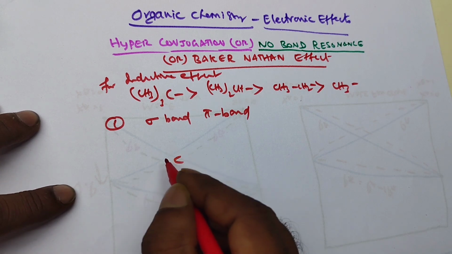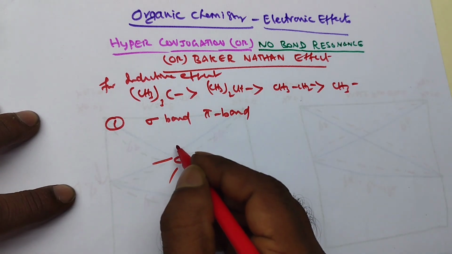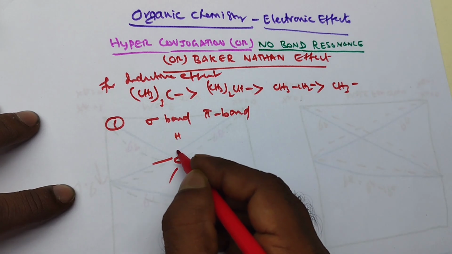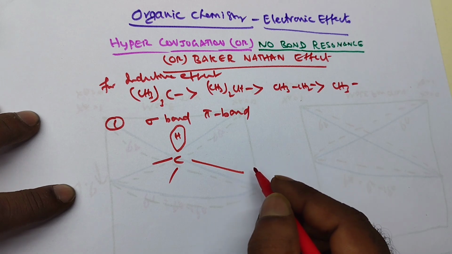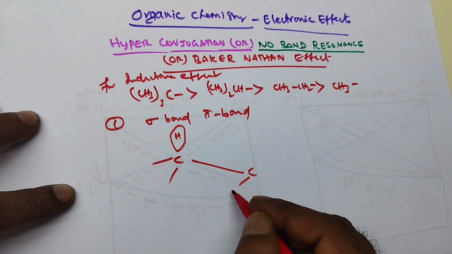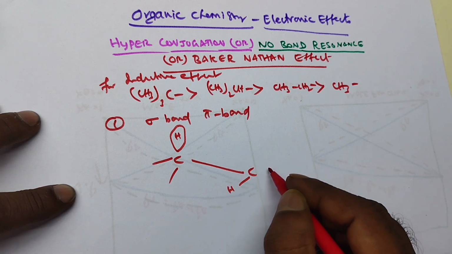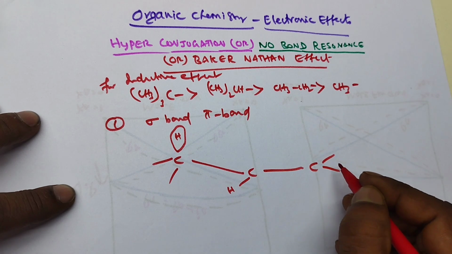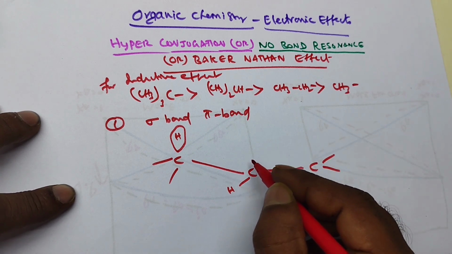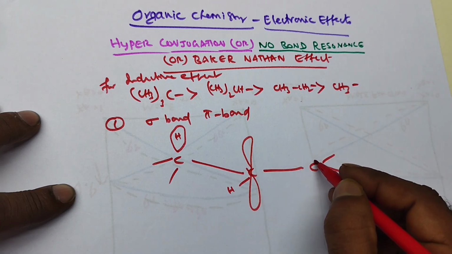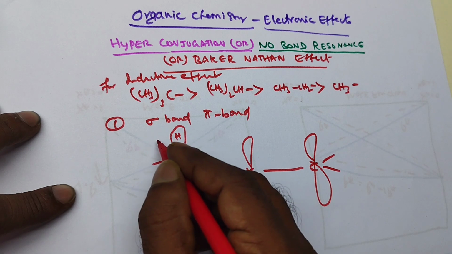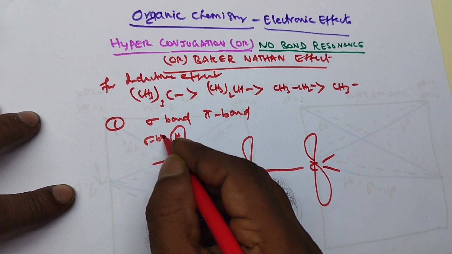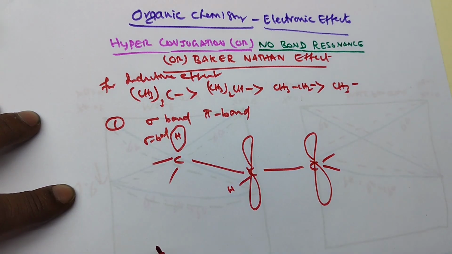You can think about CH3, with one, two, three hydrogen atoms, and an orbital, attached to another carbon having two hydrogen atoms. Here these are the p orbitals, whereas this is a sigma bond, the bond between the carbon and hydrogen.